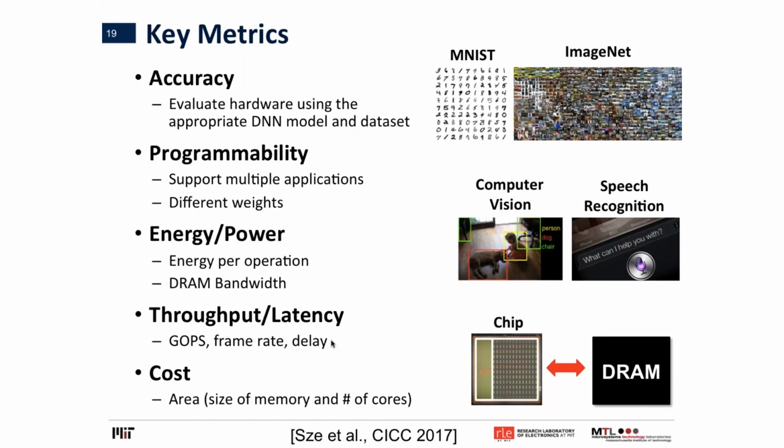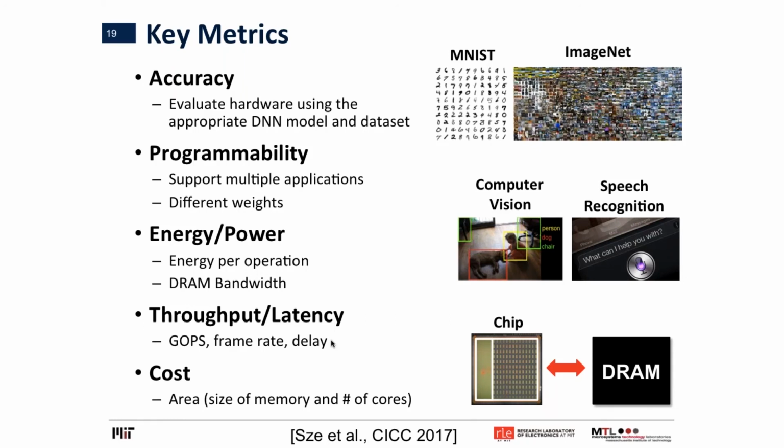And then finally, when we're assessing these types of systems, cost is also very important. One of the primary costs is the cost of the chip fabrication itself, for example. For those of you who are just buying processors, you can imagine chips that are larger with more memory and more cores will cost more. So that should also be taken into account when you're assessing a deep learning system for its efficiency.